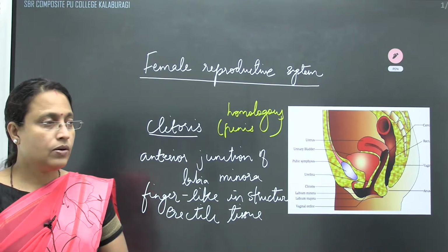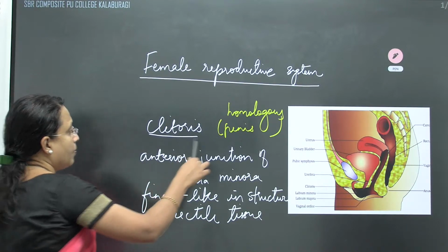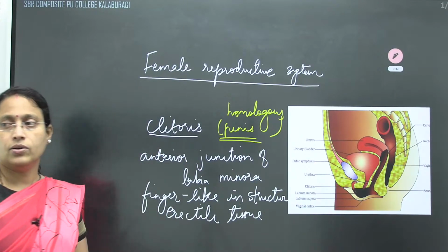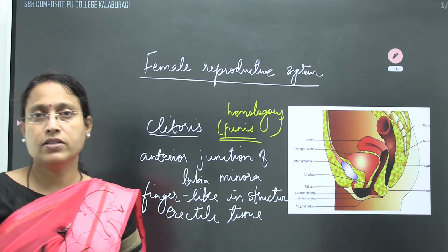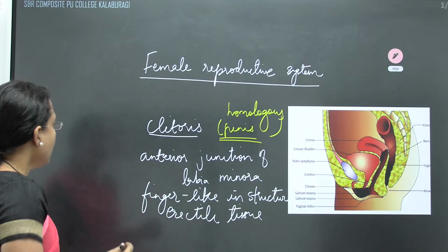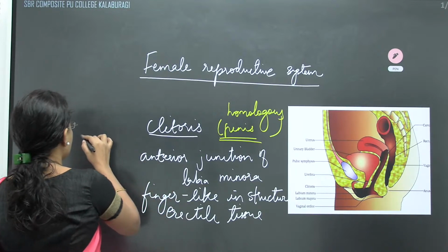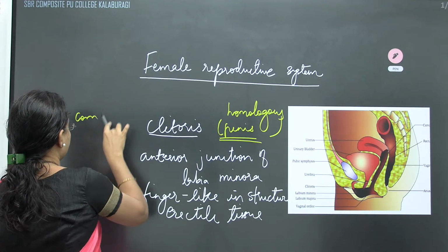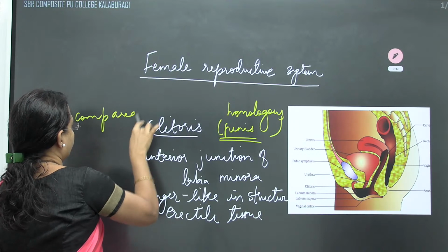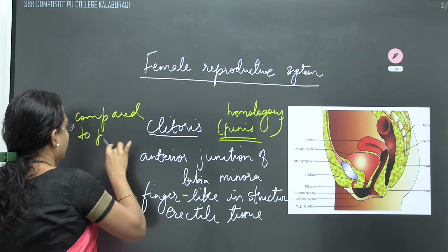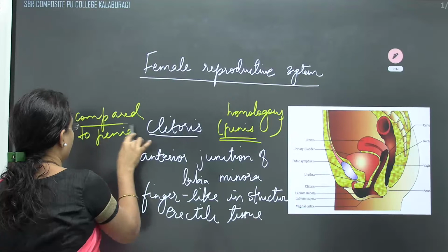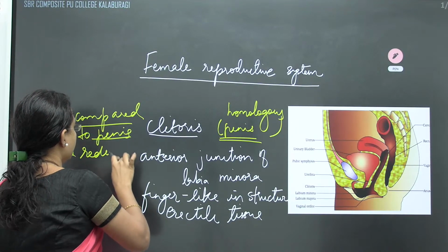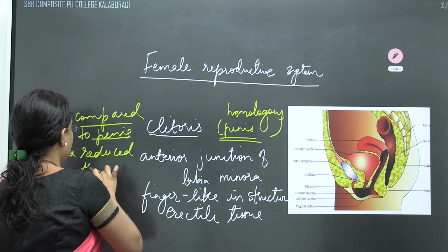So then, in what ways does it differ from the penis of the male? First point, compared to the penis, it is reduced in size.